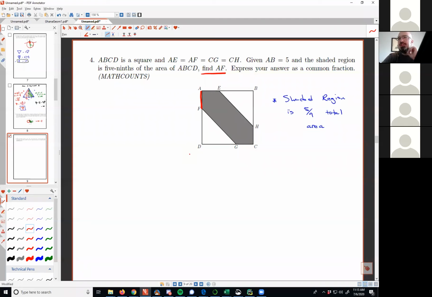If the shaded region is 5/9 of the area, what else do we know? Would it help to know the actual value of the shaded region? Maybe. I don't think that we have to do that much work. If we're clever, we can do this without doing much computation at all.